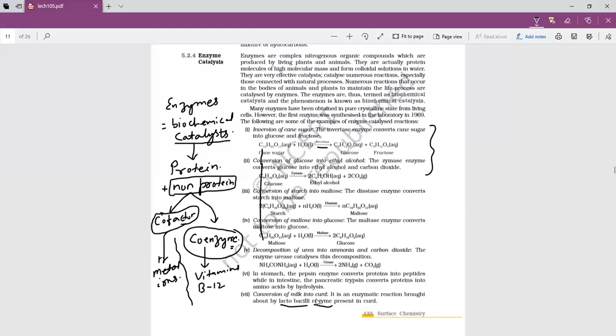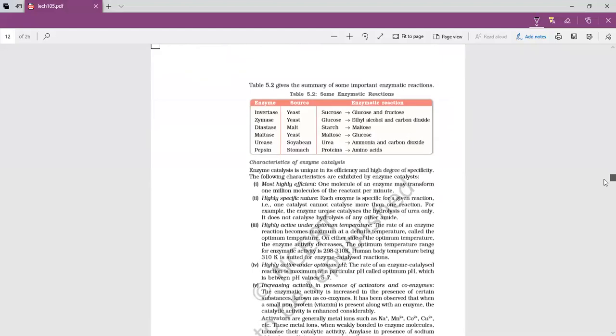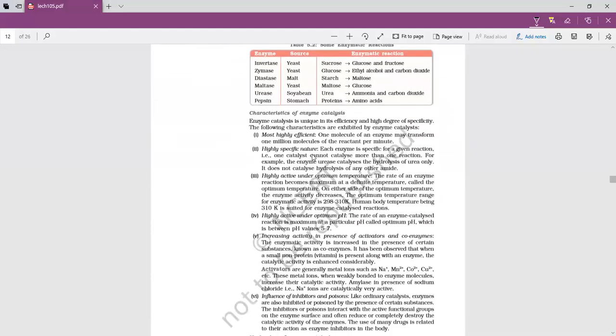So a small amount of enzyme can lead to a huge amount of reaction, and hence it is called highly efficient. Why do we call enzyme to be highly efficient? Because a small amount of enzyme can lead to large extent of reaction or large quantity of reaction.